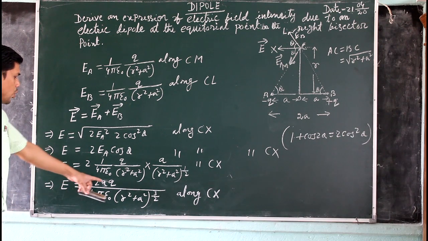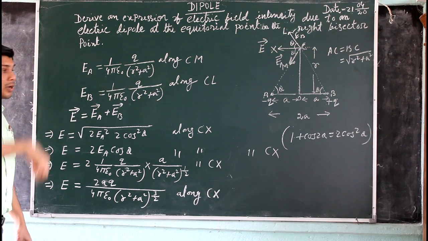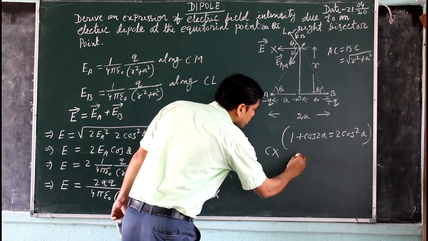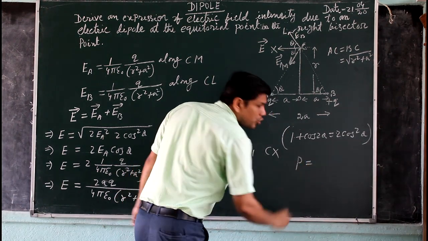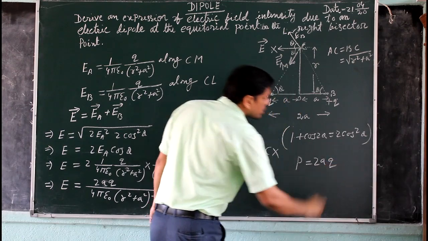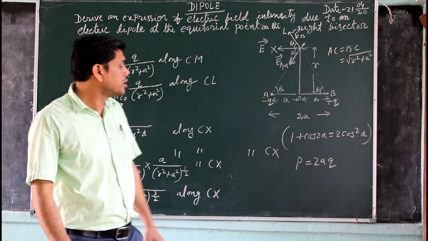Now 2aq equals what? It is the dipole moment. Already discussed yesterday that magnitude of P equals 2aq, where 2a is the length of the dipole and q is the charge.